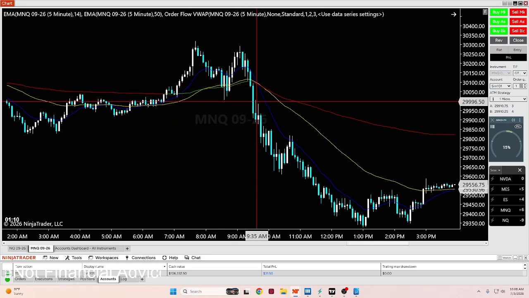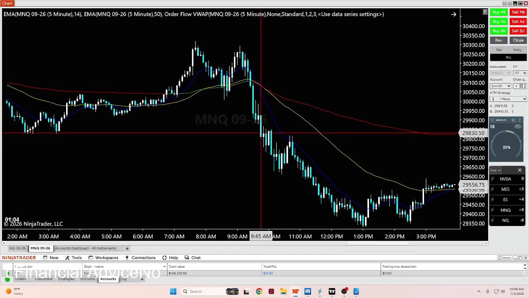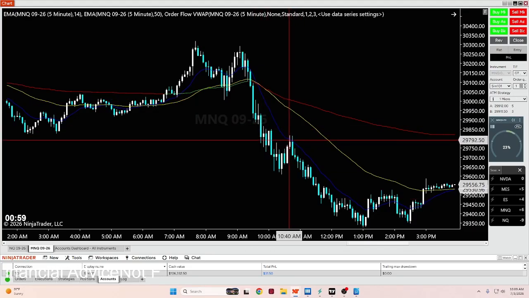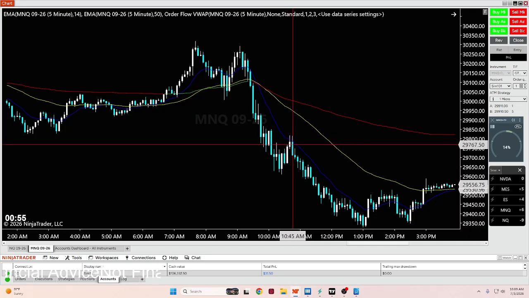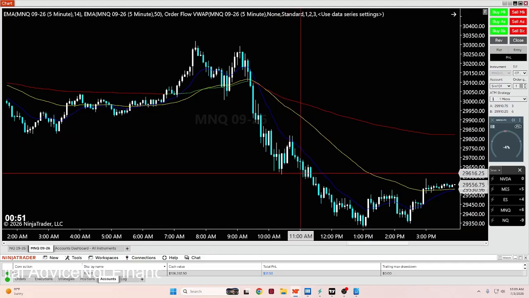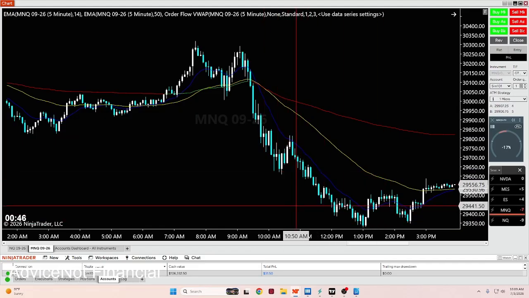You could have got in right here at, let's just say, the 30,000s and held it and got out right here, or got out right here, because this would have been a good area to maybe get out because it bounced and rejected off the 14. But you could have got out and maybe got back in after it broke this area right here at the 29,616 and followed all the way through.